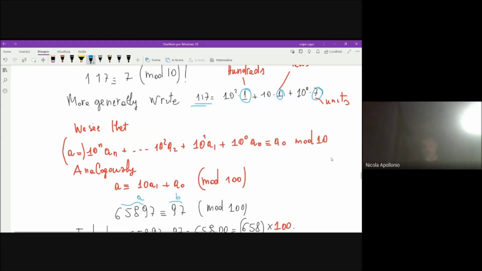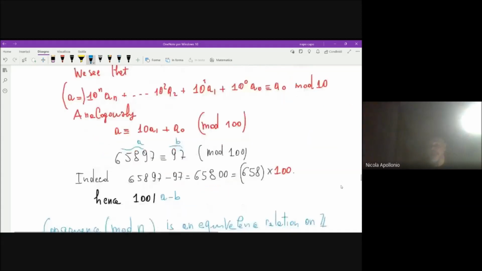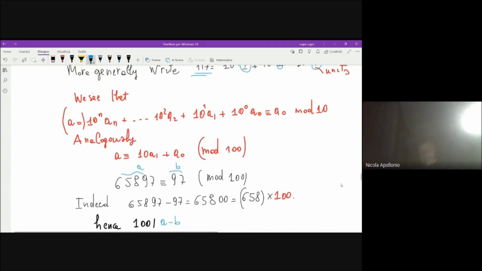In general, you can write any integer in its decimal expansion, and you get that any number is congruent to its last digit, the digit of units, modulo 10.